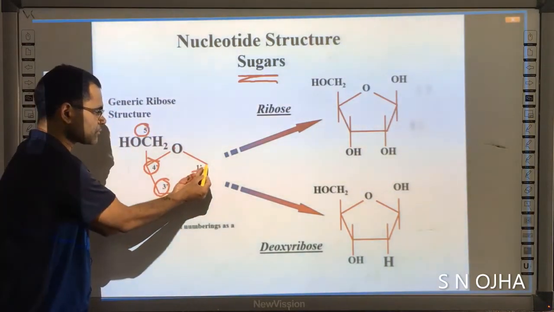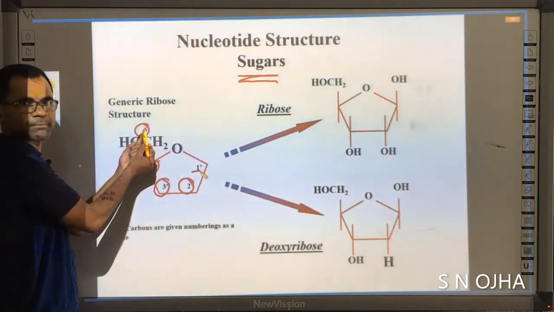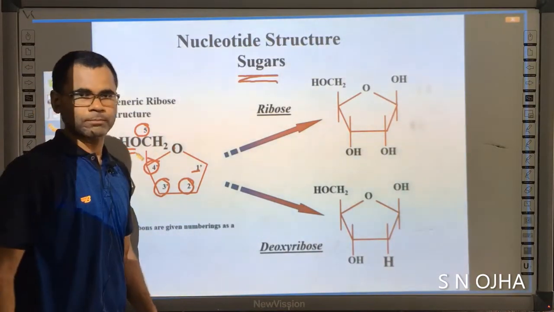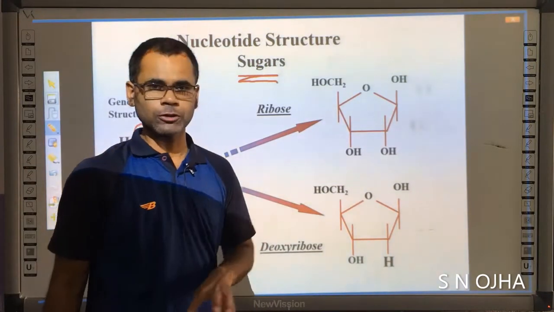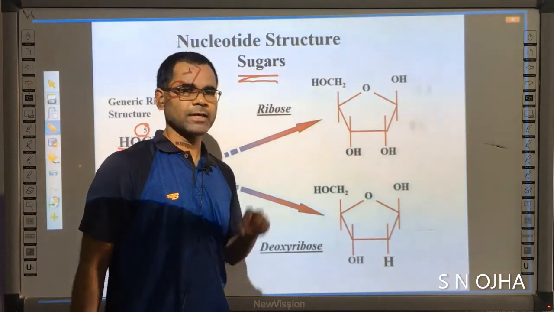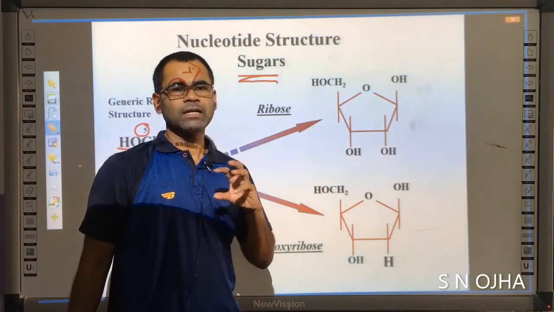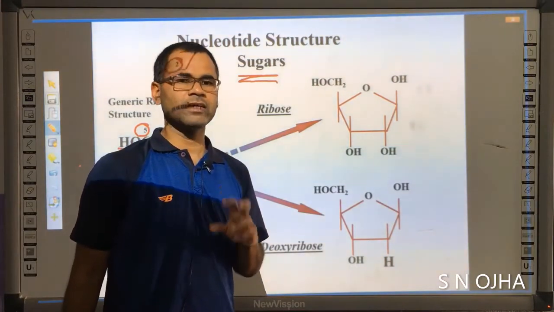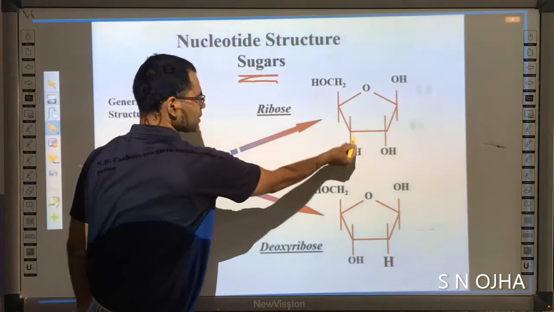On the 5 prime carbon there is a hydroxyl group. So this is the skeletal structure of the pentose sugar, and this pentose sugar is of two types in nucleotides. One is termed ribose and the other is termed deoxyribose.